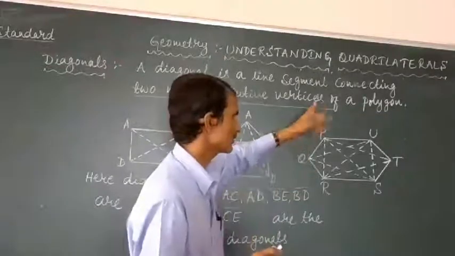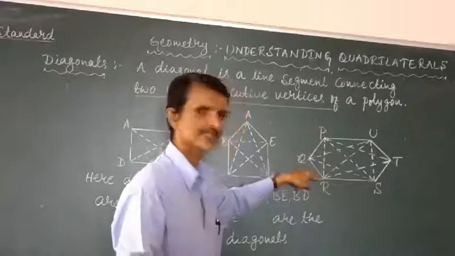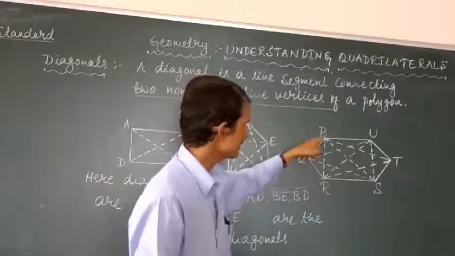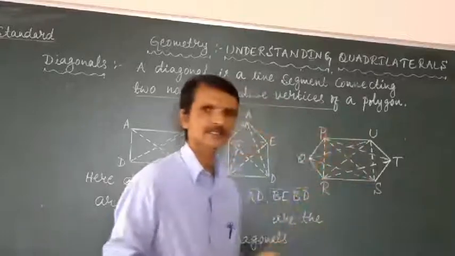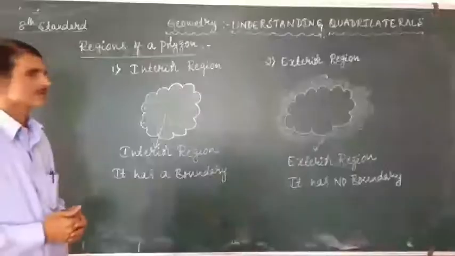I will show one or two. P and R are non-consecutive vertices, so PR is a diagonal. Similarly, from P, PT is a diagonal. Similarly, PS is a diagonal.